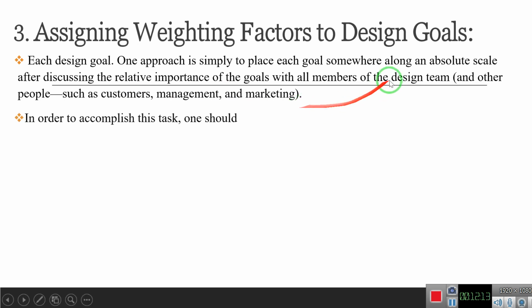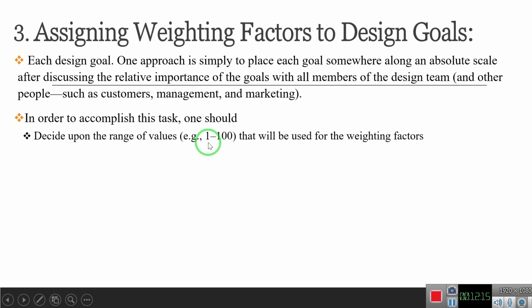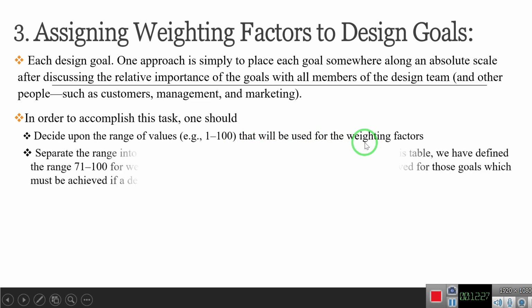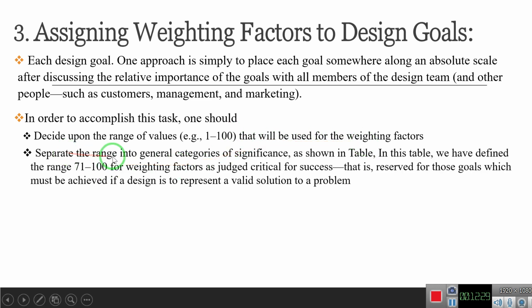To accomplish this task, one should decide upon a range of values from 1 to 100. You give a rating factor of 10%, 20%, 100%, like that. Now separate the range into general categories of significance as shown in the table. In this table we have defined the range 71 to 100 for weighting factors judged critical for success.